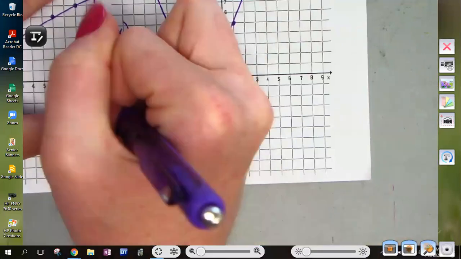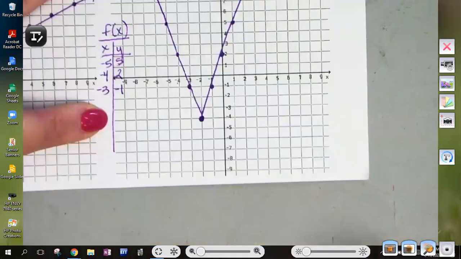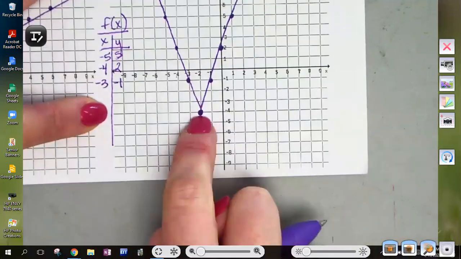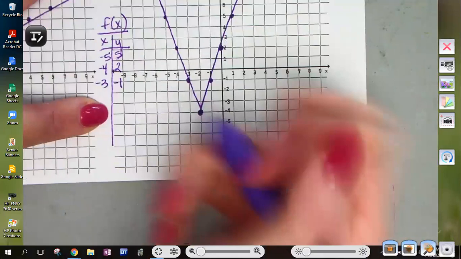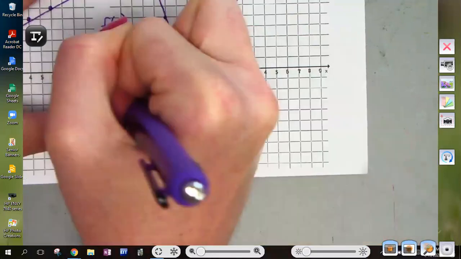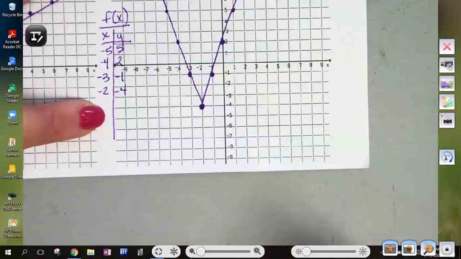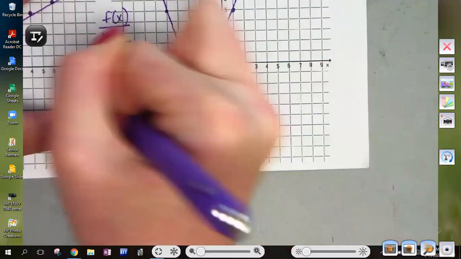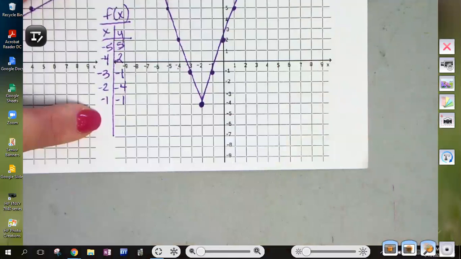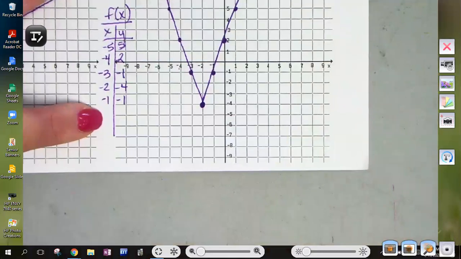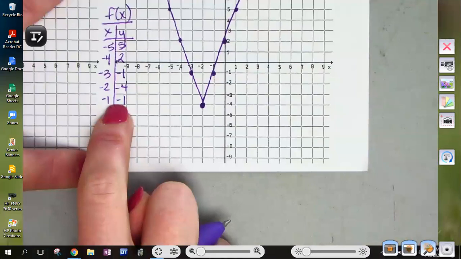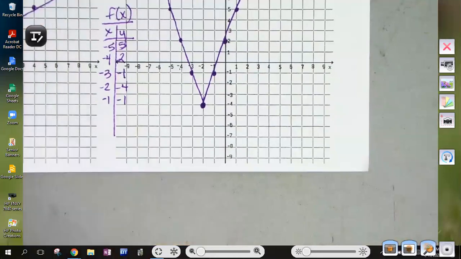So -3, -1. The next X I have is -2. What's the Y? -4. Then I have -1. What's the Y? -1. So -1, -1. What do you think is going to happen on that inverse at -1, -1? I bet it's going to cross right there.